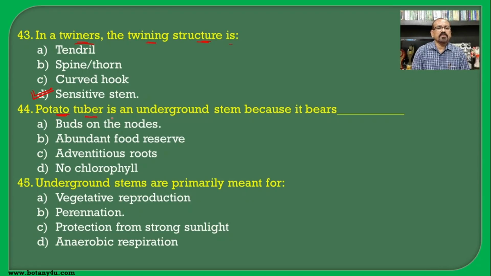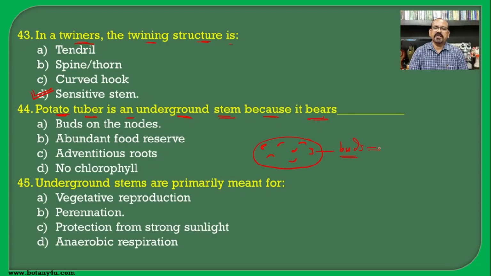The potato tuber is an underground stem because it bears buds. Many times you might wonder why potato is considered a modification of the stem. If you see the potato, there are eyes, and these eyes are nothing but buds.